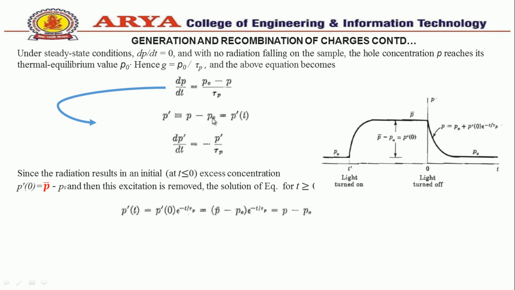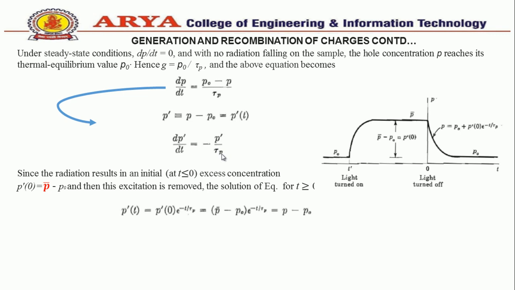It follows that the differential equation controlling p dash is dp dash/dt equal to minus p dash/tau p. By combining these two equations, as we put p dash equal to p minus p0 in this equation and differentiate with respect to time, dp dash/dt equals dp/dt. So dp dash/dt equals minus p dash/tau p.